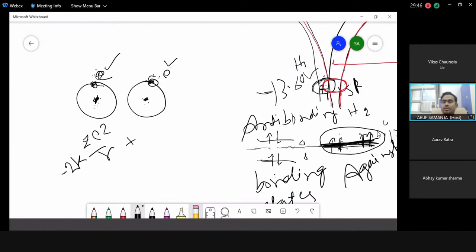Coulomb repulsion: two negative charges repel each other depending on their distance. If I say this distance is r1e2e, then the interaction should be e square divided by this distance times a constant. This is the additional potential.